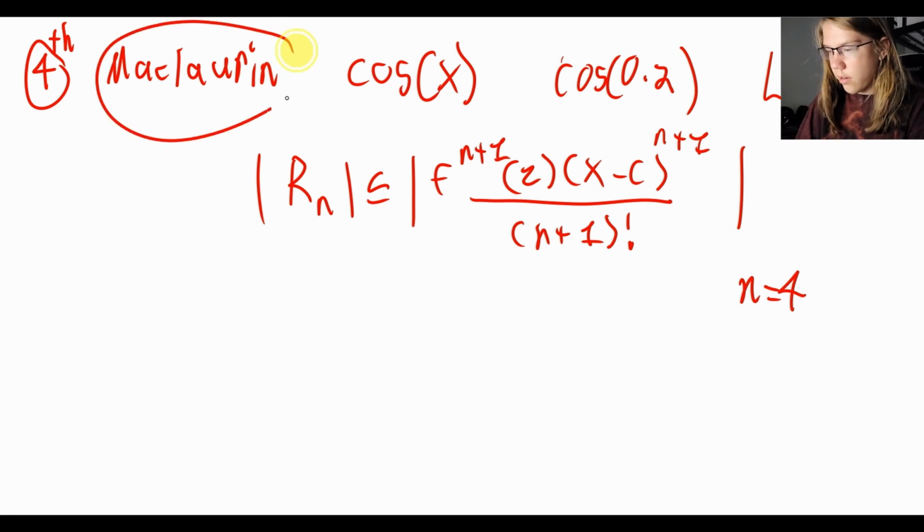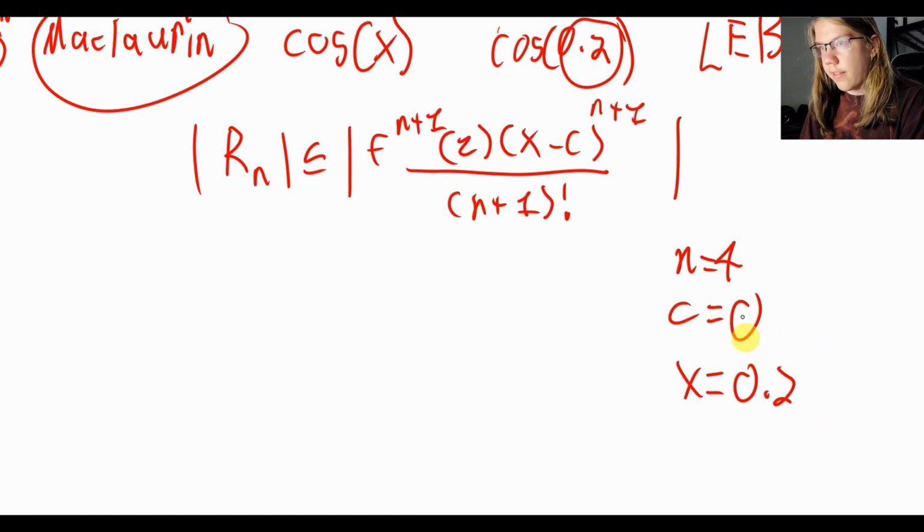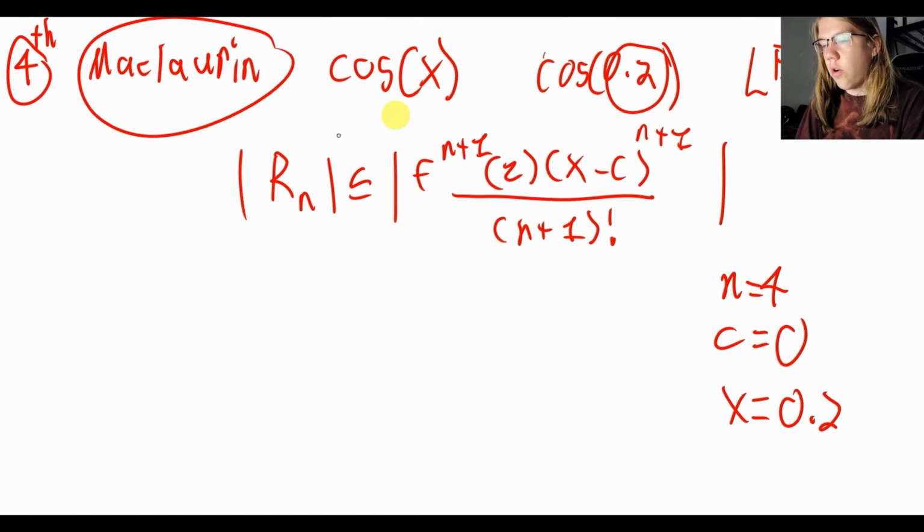It's a Maclaurin, so our c equals 0, and we're approximating 0.2, so our x equals 0.2. Now this z value can be found by finding the maximum value of this n plus 1 derivative, which in this case would be the fifth derivative of cosine.